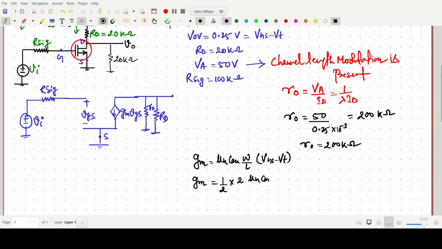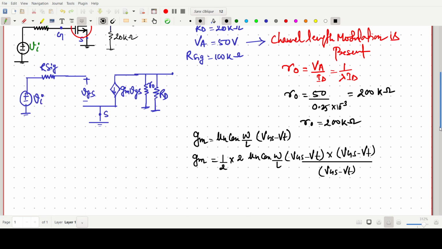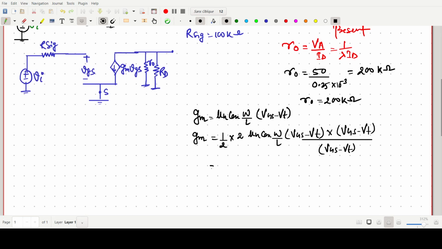So why I am writing, because I am not remembering the formula. VGS minus VT. Here once again I am writing VGS minus VT by VGS minus VT. Okay. So this will give half. Okay.